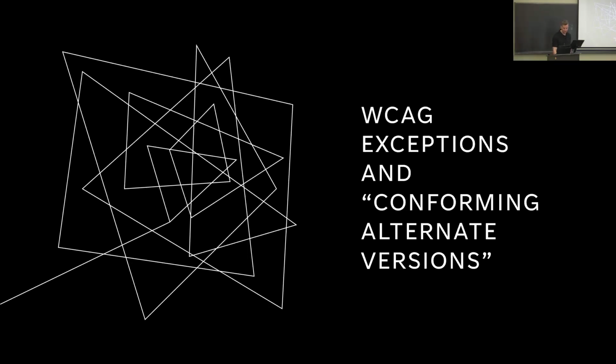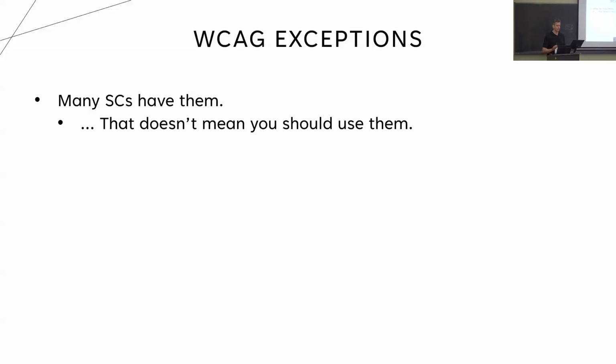Got about 20 minutes left. I want to talk about WCAG exceptions and conforming alternate versions. WCAG exceptions are things that a lot of success criteria have. Like I mentioned earlier, the contrast SC has an exception for disabled components. Another big one is the target size minimum success criterion, which is new in 2.2.